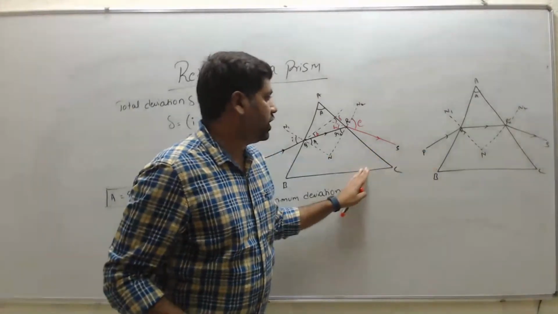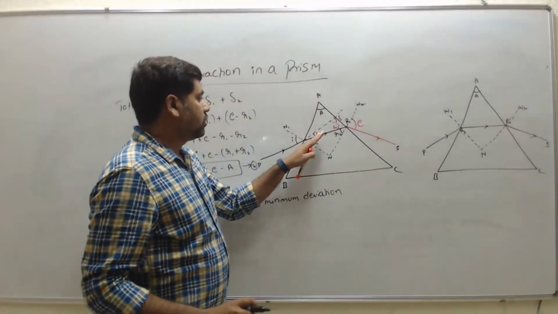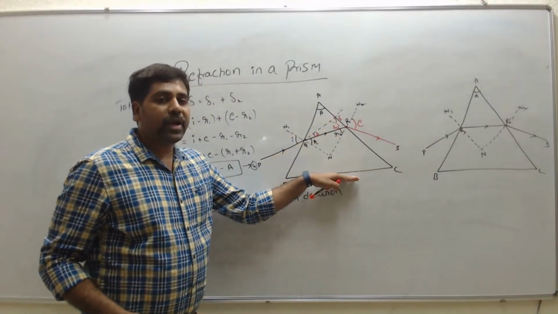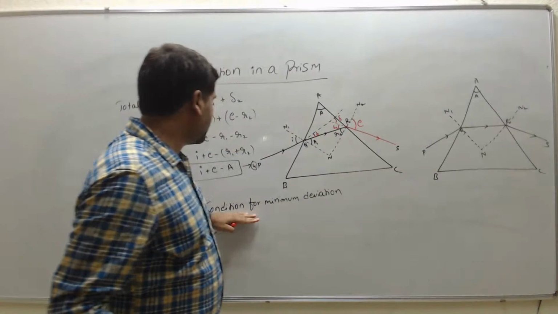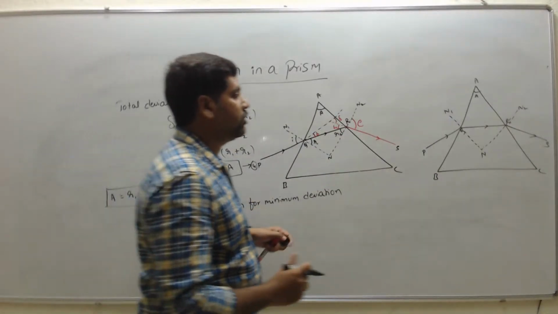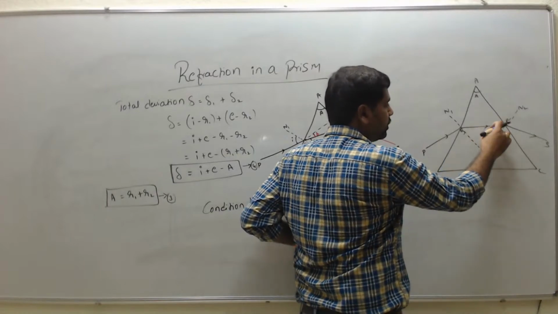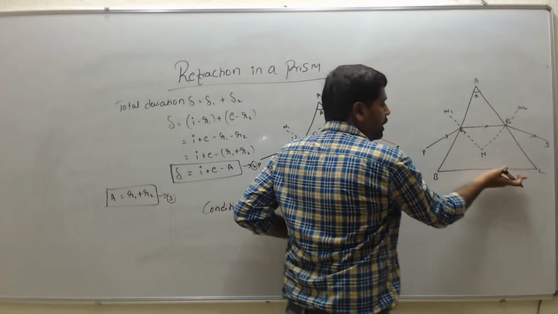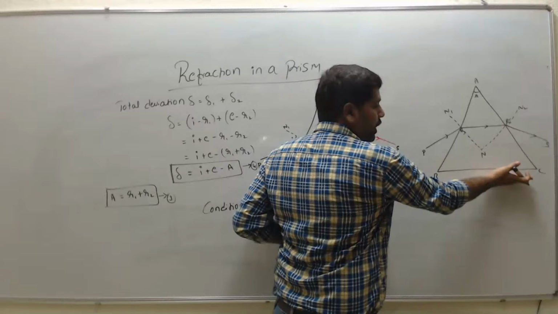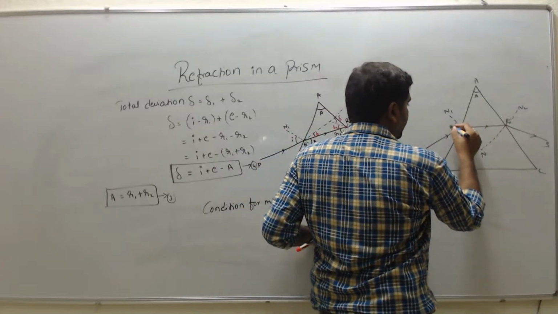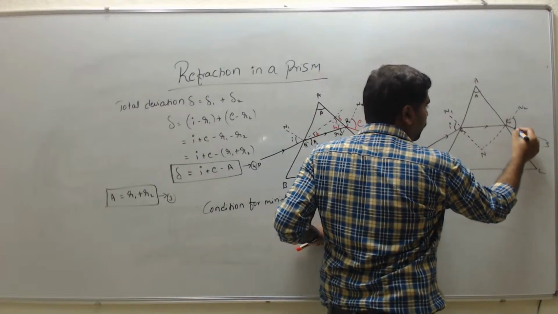If we observe these two diagrams, here the refracted ray is not parallel to the base, so here we need the condition for minimum deviation. For minimum deviation, the refracted ray inside the prism must be parallel to the base of the prism. Then the angle of incidence I equals the angle of emergence.